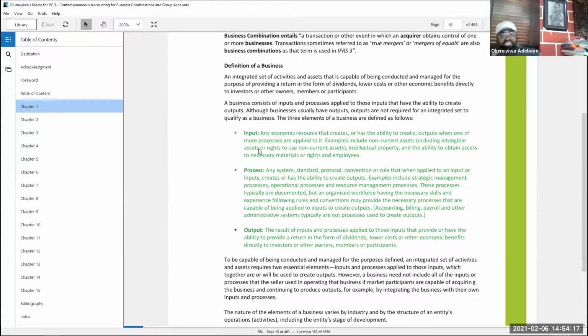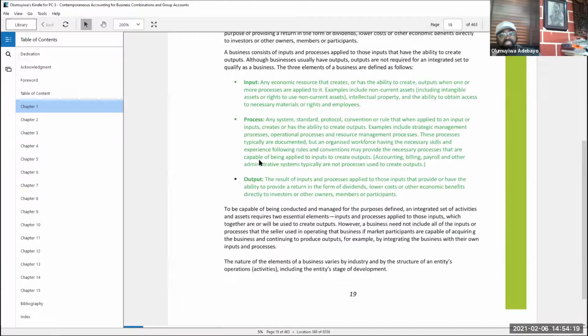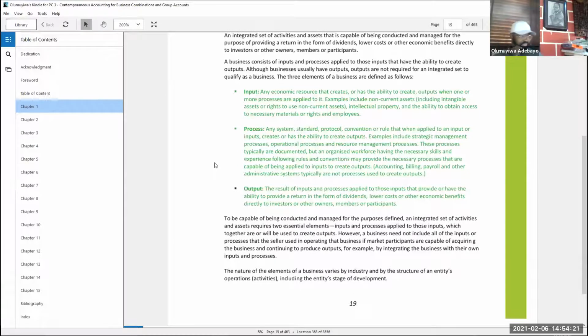Can you read further what process stands for here? Any system, standard, protocol, convention, or rule that, when applied to an input or inputs, creates or has the ability to create outputs. Examples include strategic management processes, operational processes, and resource management processes.